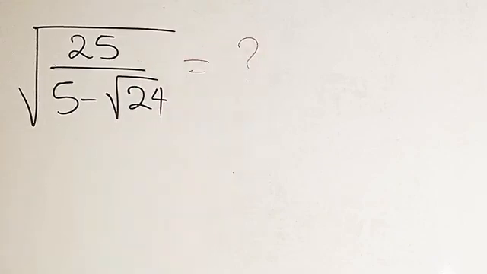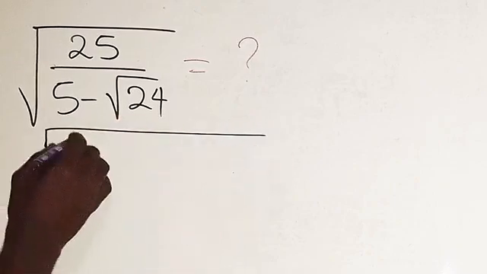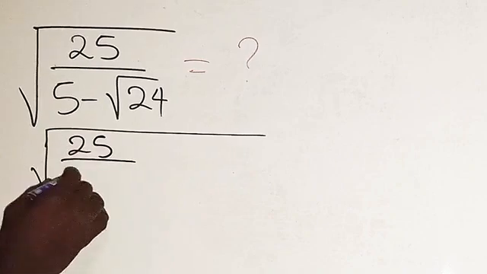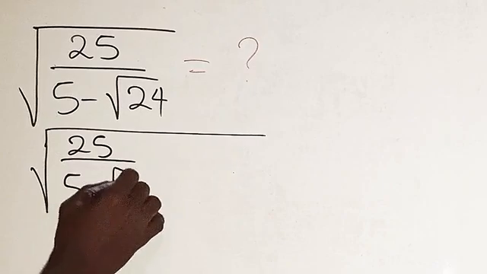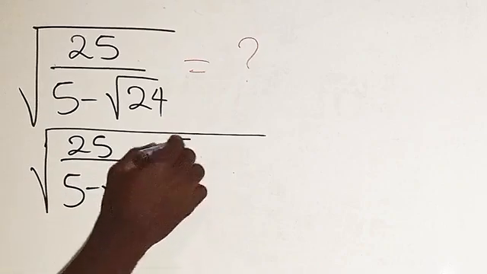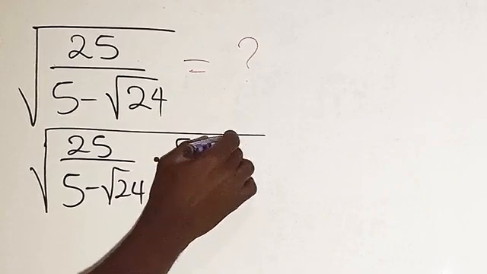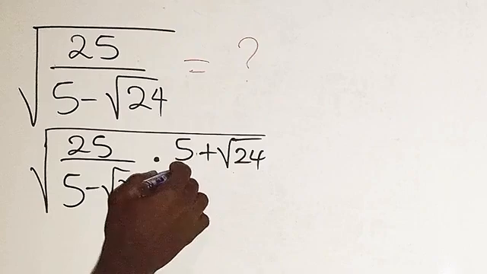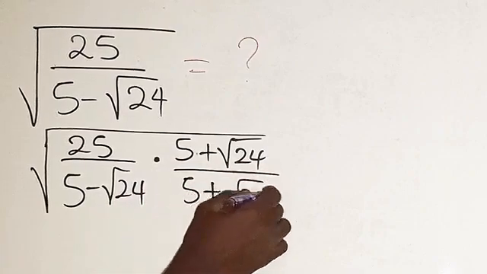So what this is going to give us, right? What we're going to have is 25 over 5 minus root 24, and this is going to be multiplied by the conjugate, which is 5 plus root 24, divided by 5 plus root 24.